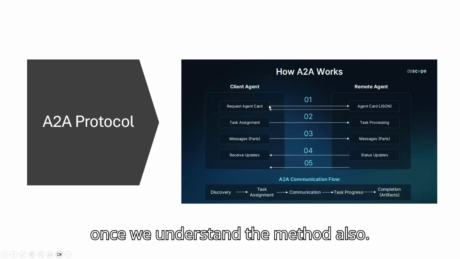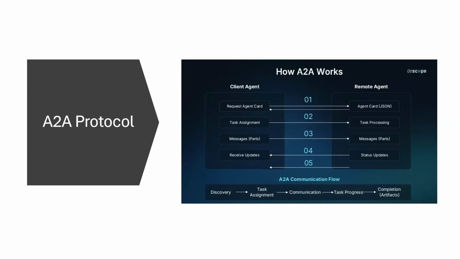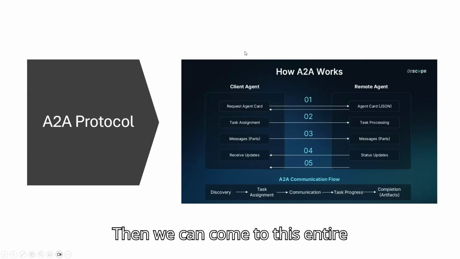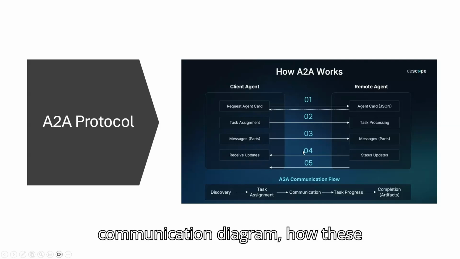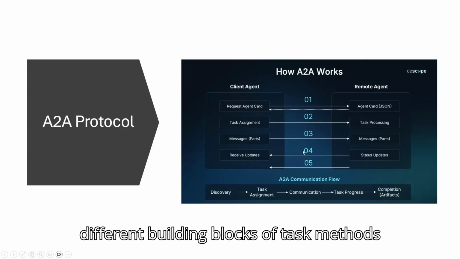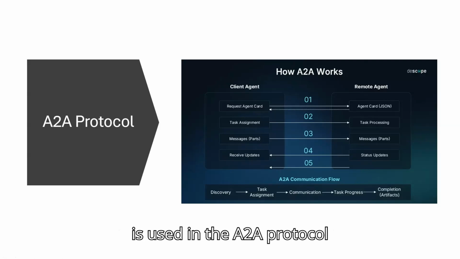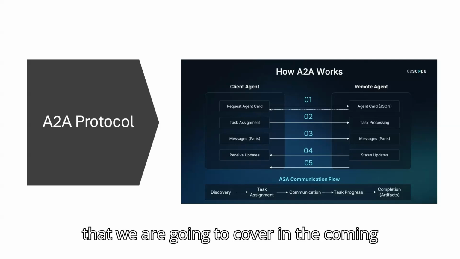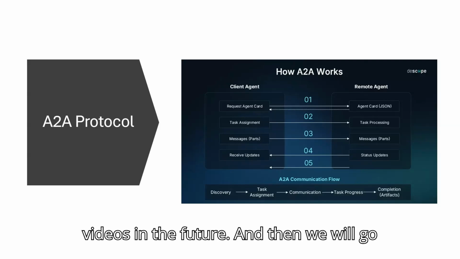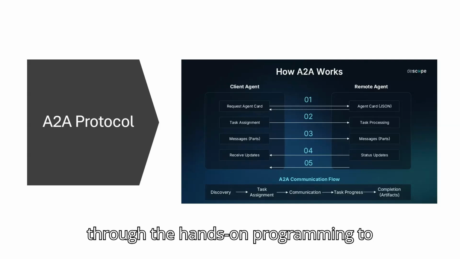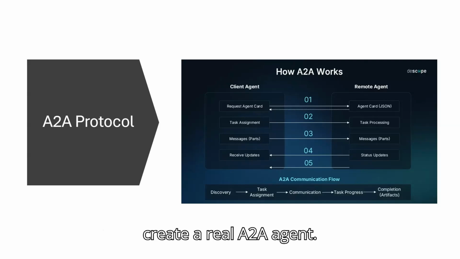Once we understand the methods, we can come to this entire communication diagram and see how these different building blocks of task and methods are used in the A2A protocol, which we will cover in coming videos. And then we will go through hands-on programming to create a real A2A agent.